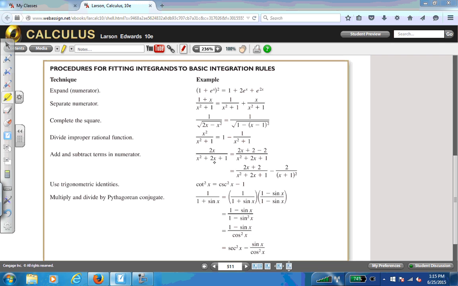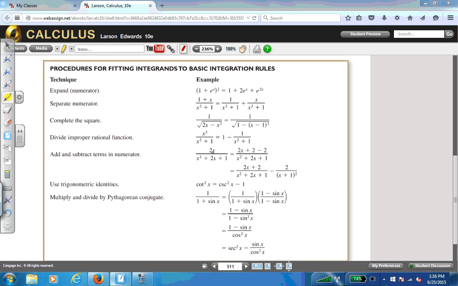Occasionally, we might be missing something on top, missing a term, could be a constant, could be a variable, and sometimes we might have to add that number and subtract it. For example, if we let this denominator be u, then du would be 2x plus 2 dx.